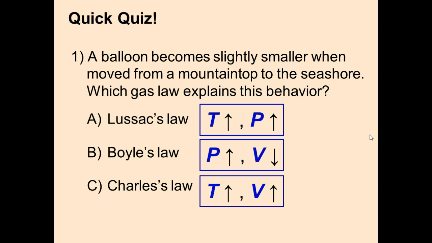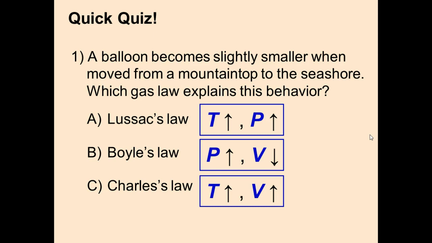Even though you can't feel it because you're used to it, there is some pressure pushing down. If we're at a mountaintop, because there's less atmosphere above us, there's less pressure. But when we go back down to sea level, there is more air pressure because there's more air above us now.